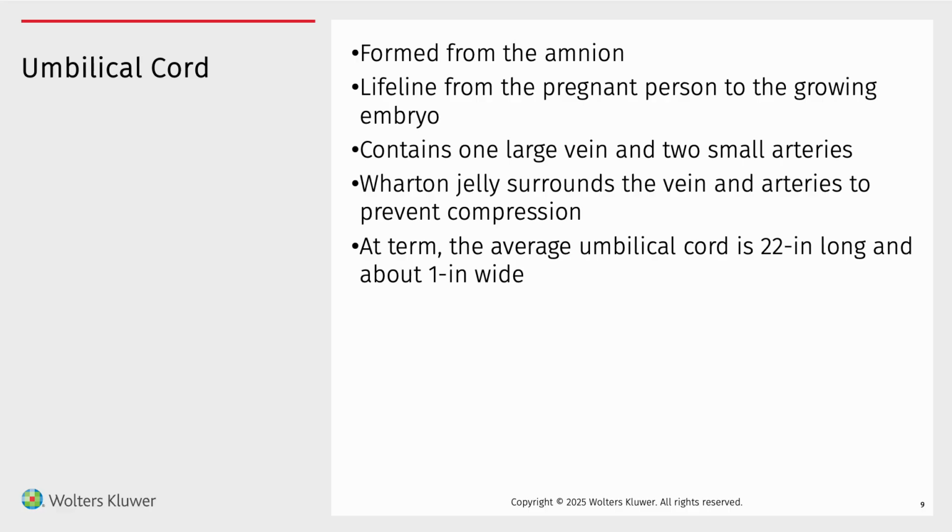So, let's talk about the formation and the structure. The umbilical cord is formed from the amnion, which is the innermost fetal membrane. It connects the fetus to the placenta, which is embedded in the uterine wall.